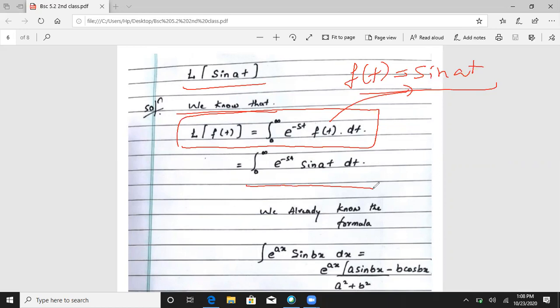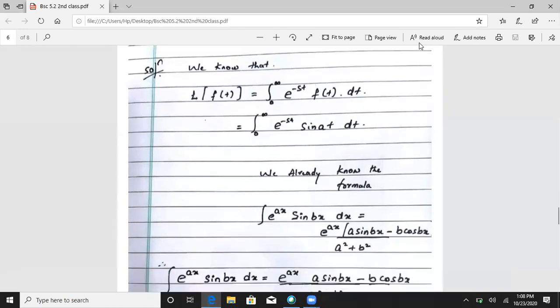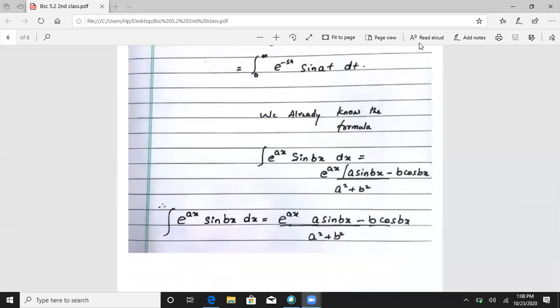And this is an important one. Okay, see clearly here. We already know the formula. Someone of you knows, and the remaining don't know. This is your previous year problem formula. That is the integration of e to the power ax sin bx. This is your standard formula.